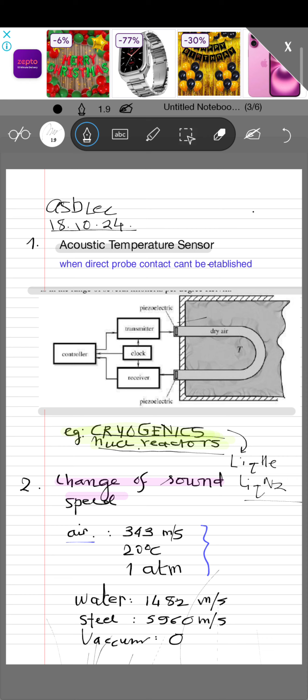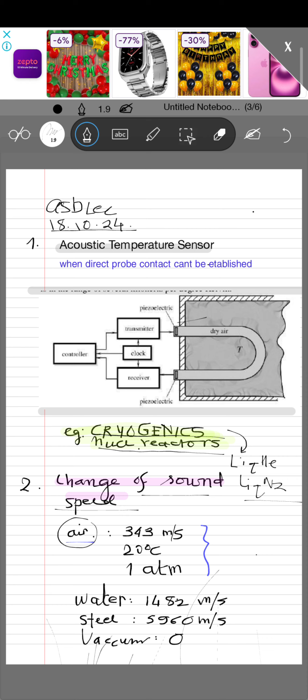Now, the basic principle of these sensors is the change of speed of sound with respect to temperature. The speed of sound depends upon the temperature and the medium.